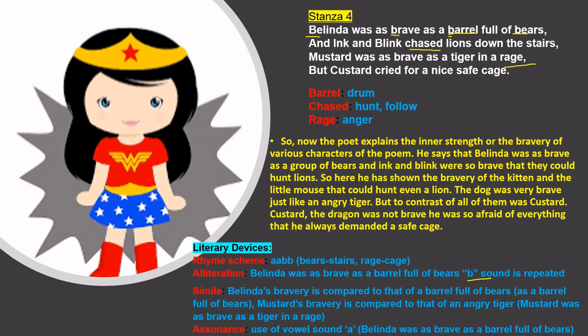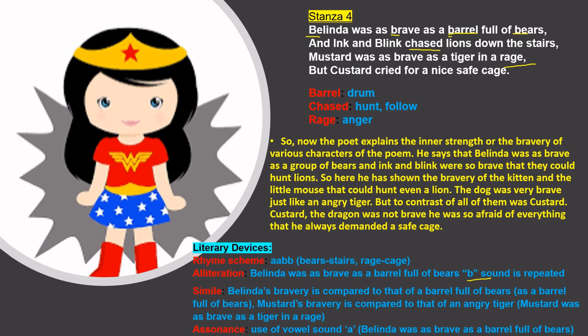Then you have another literary device, a new literary device coming in here, assonance. It is the use of vowel sound A. Belinda was as brave as a barrel full of bears. So assonance is not only the repetition of a vowel sound A, but it could be any of the vowel sounds. As you know, there are 5 vowel sounds, A, E, I, O, U. So it could be any of them.